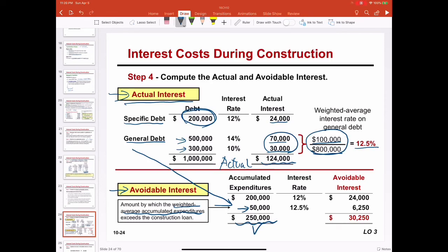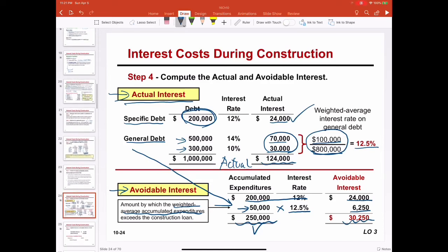One is the interest from the specific debt, which is 24, same as this one. The other 50 will be considered from the mix of the general debt, of which the interest rate is 12.5%. 50 multiplied by 12.5% is 6,250. So the 30,250 is avoidable interest.